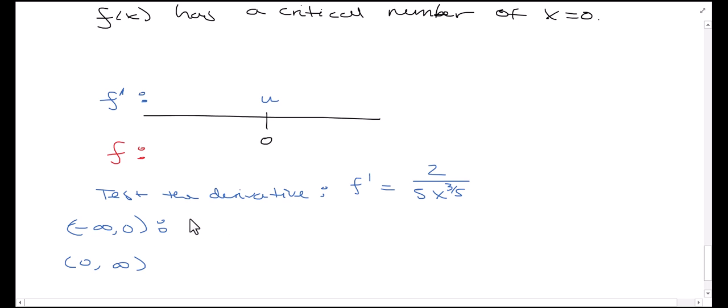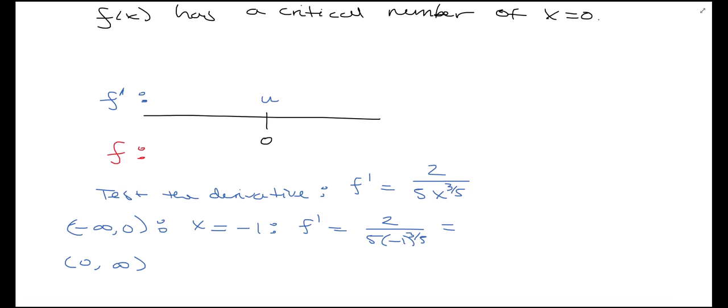So when x is negative, let's say x is negative 1. Then plug it in, and what do you get? So f prime is going to be 2 over 5 times negative 1 to the 3/5. So is that positive or negative?